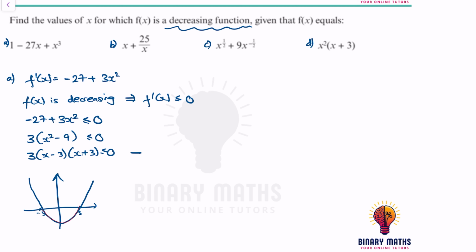So it implies x is between minus 3 and 3. Therefore, f of x is decreasing on the interval minus 3 to 3.